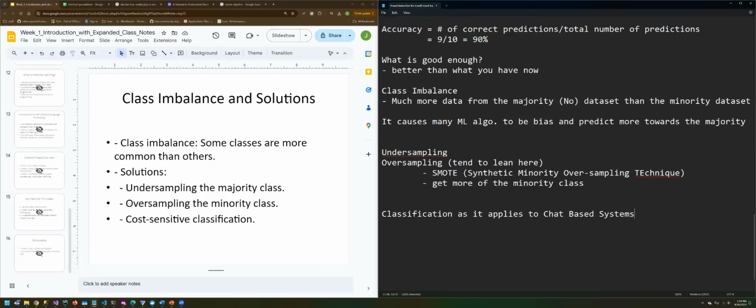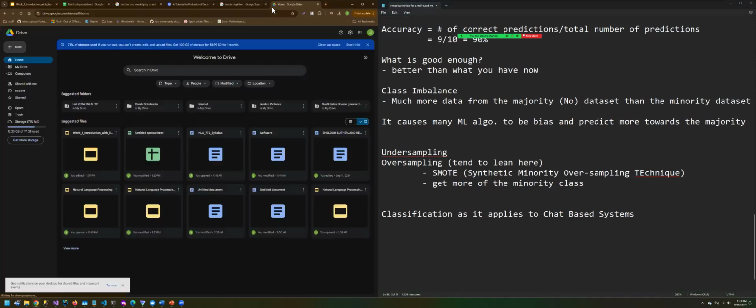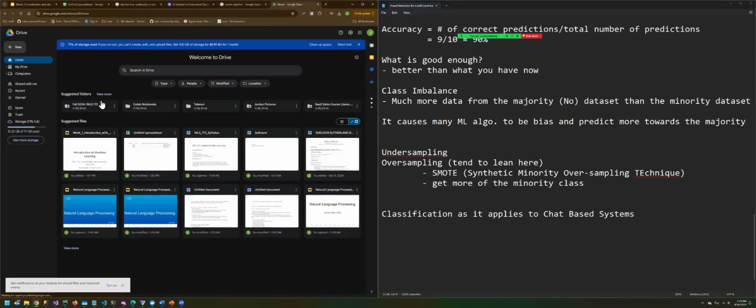As you saw, the syllabus is up, and I can actually go to that as well. Actually, let me do that right now, so instead of just talking about it, you can actually see it.